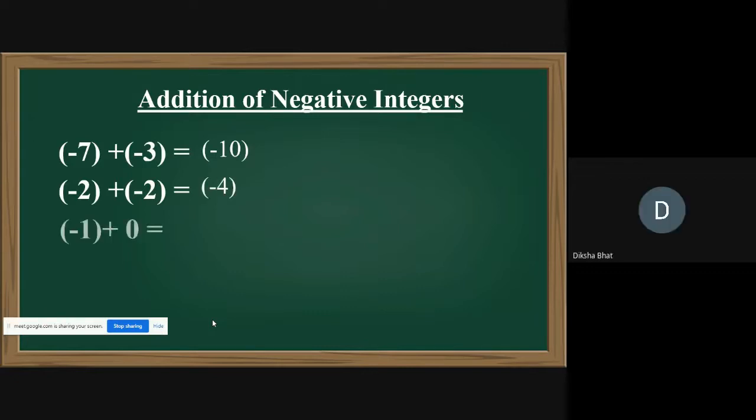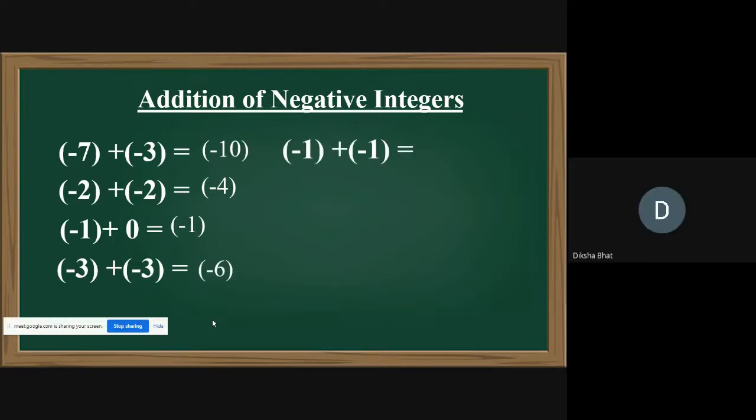Very good. Negative 1 plus 0. Negative 1. Yes. Negative 3 plus negative 3. Negative 6.